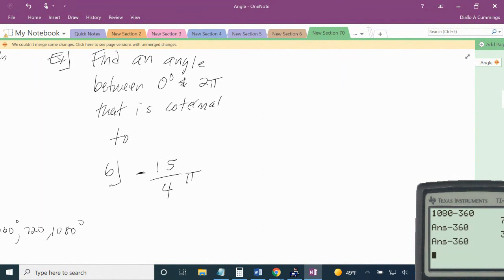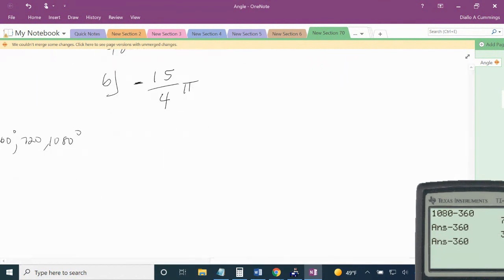But the 360 degrees I have to add must be 2 pi. So I'm going to take negative 15 over 4 pi, and we're going to add 2 pi. All right, so I'm going to convert 2 pi to a fraction, and then make equivalent fractions. So I have a 4 in one denominator and a 1 in another denominator. So the common denominator between 1 and 4 is 4.